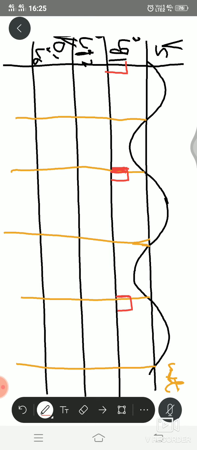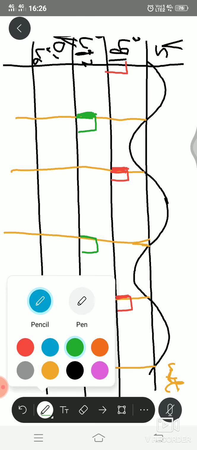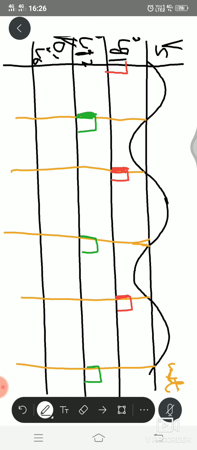So this red one shows the gate pulses for thyristor 1. Now let us show the gate pulses for thyristor 2, that is your Ig2. Okay. So green one shows the pulses to be given to thyristor T2 and red one shows the pulses given to thyristor T1.